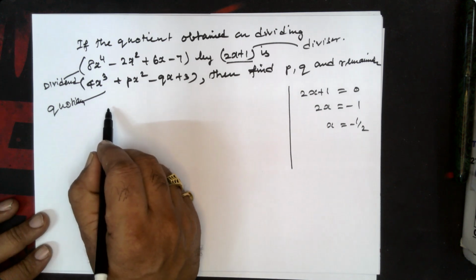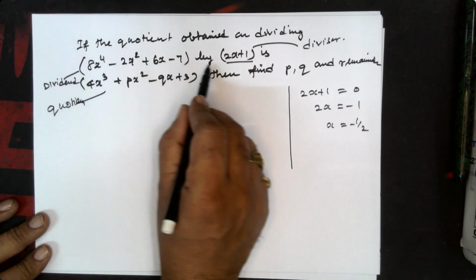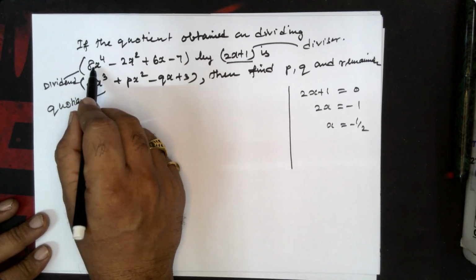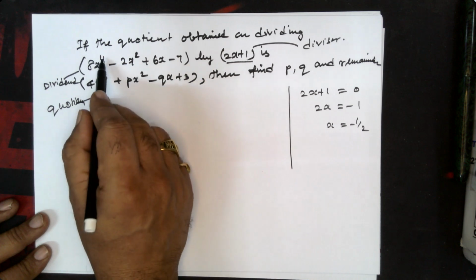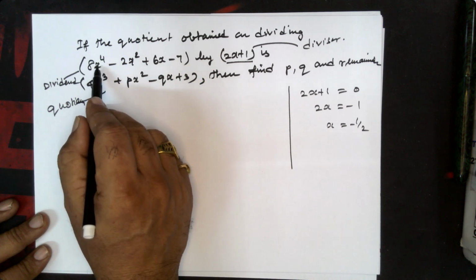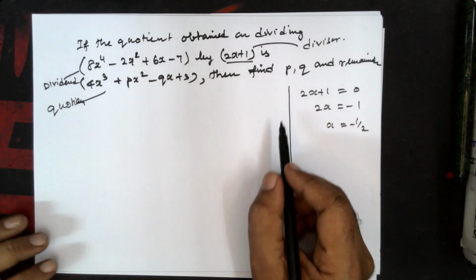Now let us take the coefficients in the descending order. x power 4, this is a polynomial. What I am going to do is the synthetic division method.